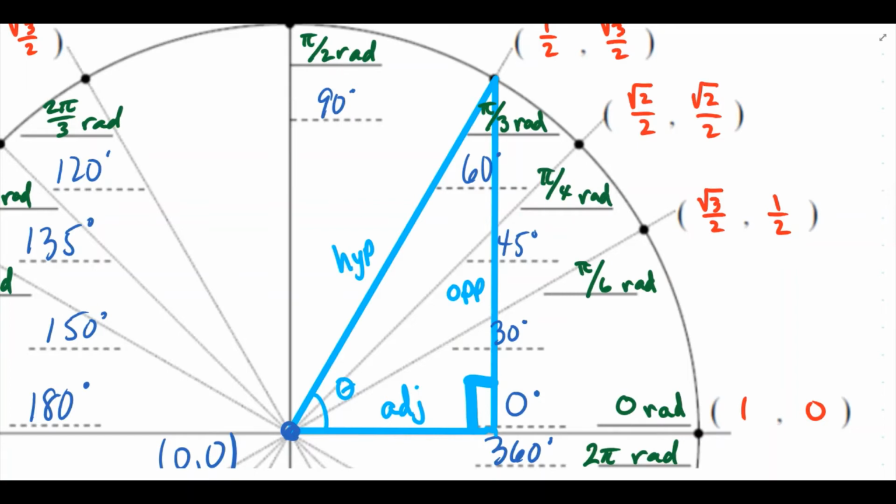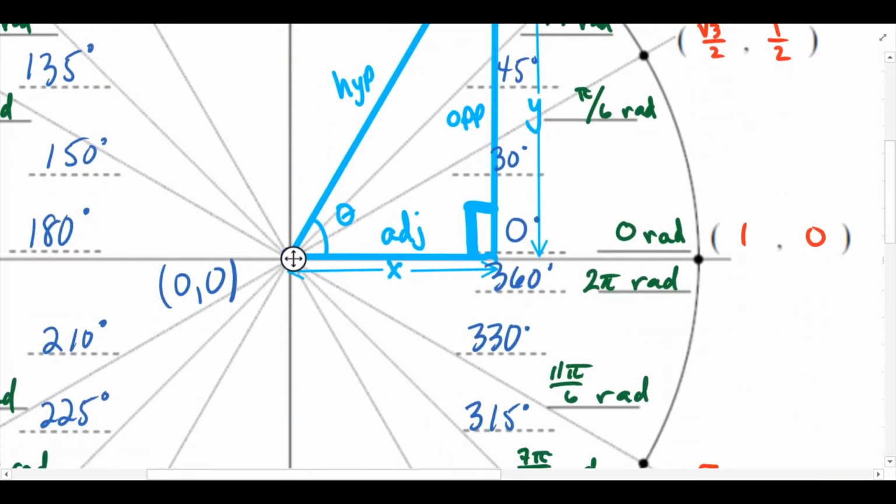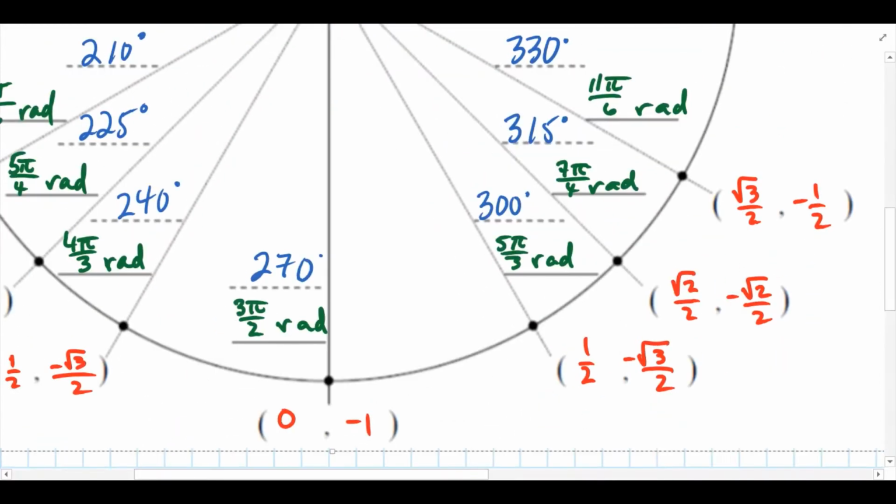Since the side length opposite of the angle measure is the same as the y-coordinate of the point, and the adjacent side length is the same as the x-coordinate, we can rewrite these trig definitions this way, since the hypotenuse of each triangle is equal to 1.